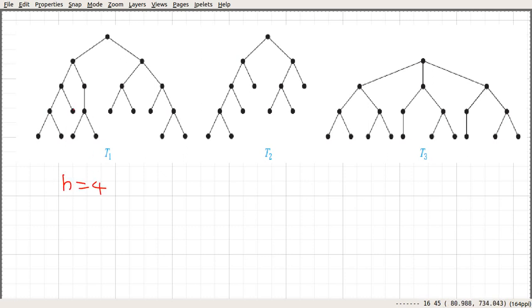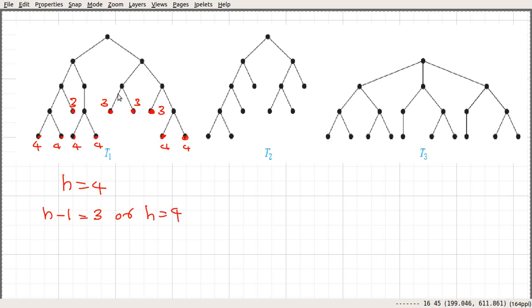Here if you look at this leaf node, its level is 3. Similarly, the level of this leaf node is 3, and of this one 3, and of this one 3. And the level of these leaf nodes is 4. So we can see that all the leaf nodes are at either level h minus 1, which is equal to 3, or h, which is equal to 4.